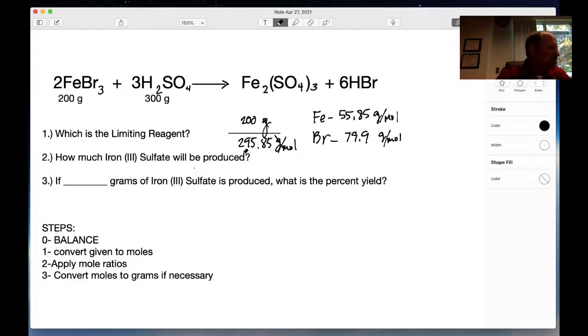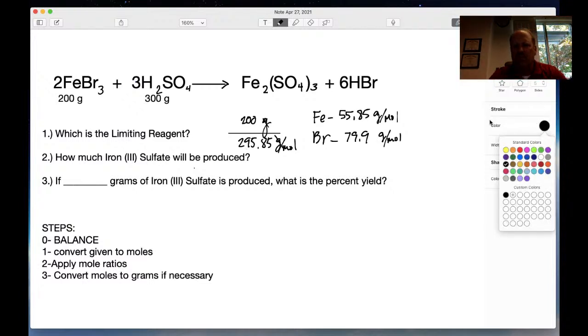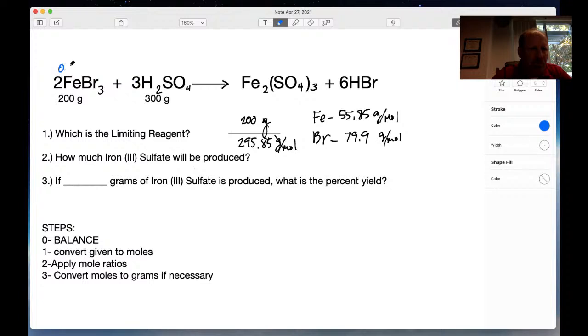So 200 divided by 295.85 is 0.6766 moles.